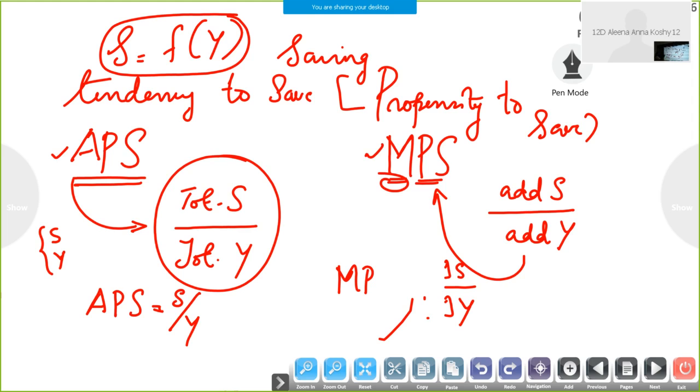Both indicate the relation between saving and income. APS is the ratio between total saving and total income. MPS is additional saving and additional income.